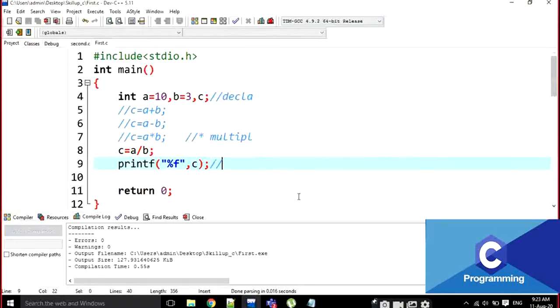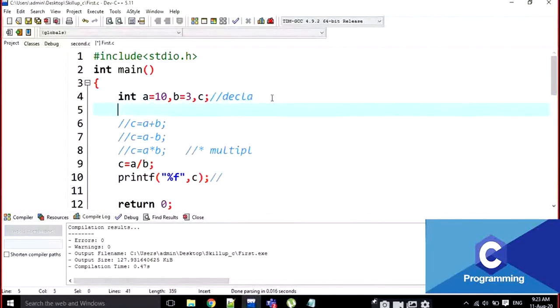0.00. That means this is an integer value, and we are trying to display an integer value as a floating value. It is not possible every time. That's why the output is 0.00. Why? Because what is the format of C? The format of C is integer. We cannot print it as float.